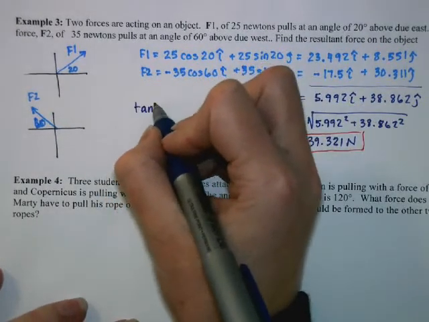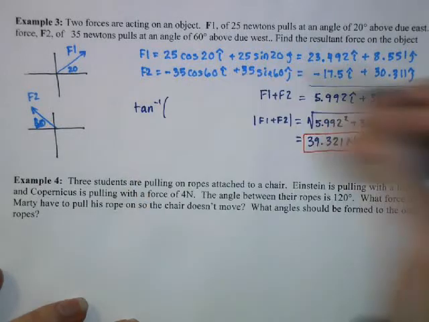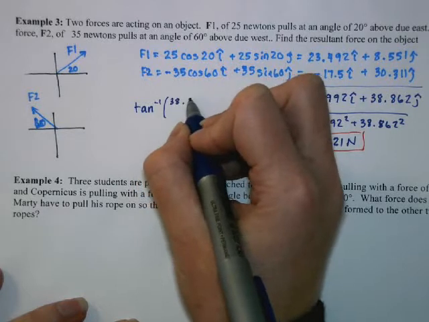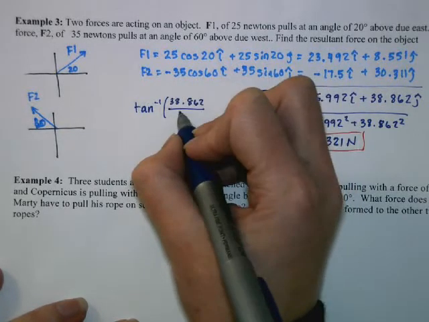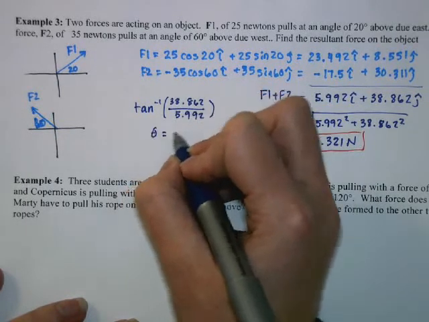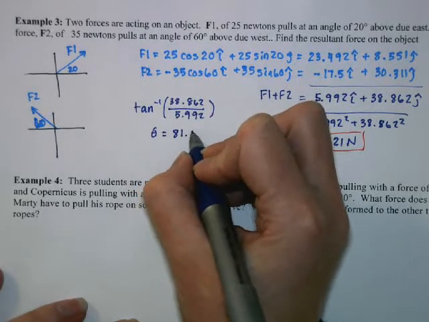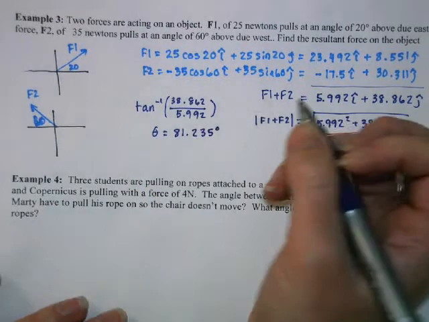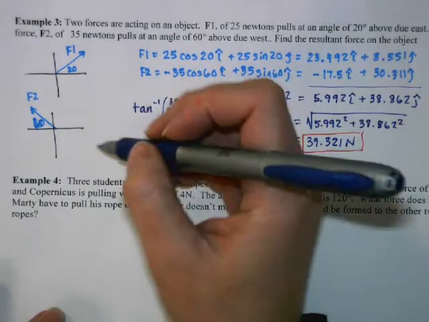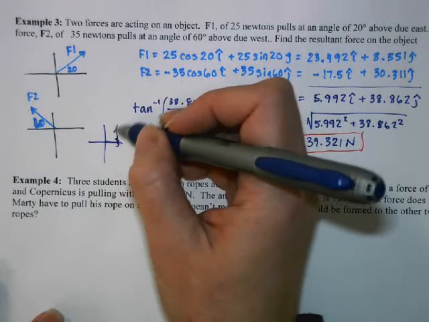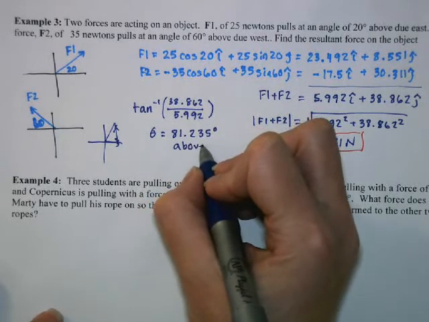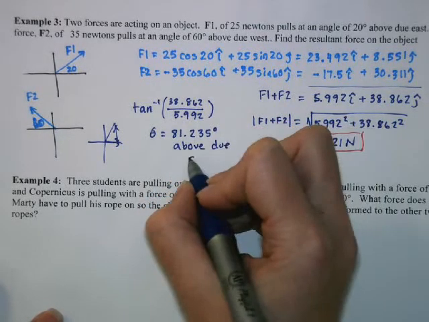So I'm going to do tangent inverse of my y over the x. This gives me 81.235 degrees. Now let's think about what we need to do. This problem said above due east and above due west. Well, since this one's a positive positive, we found the 81, and we can just say above due east and call it good.